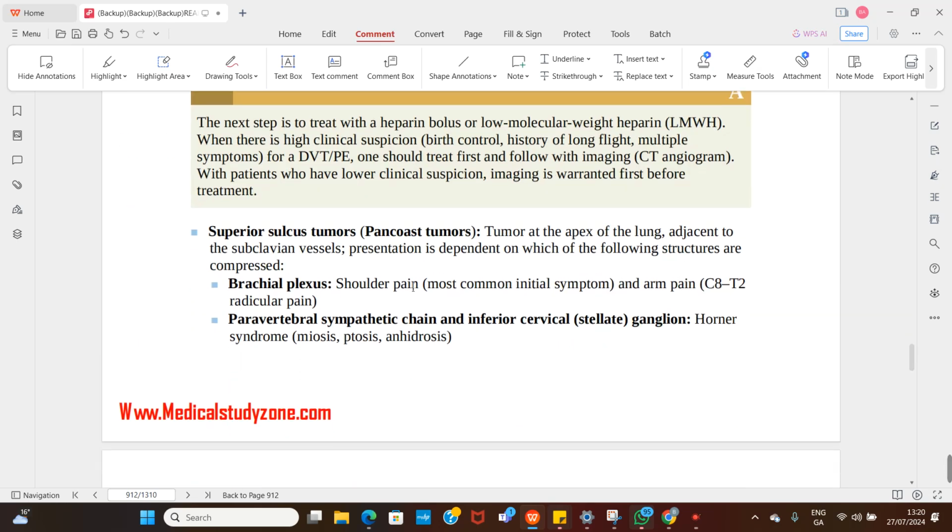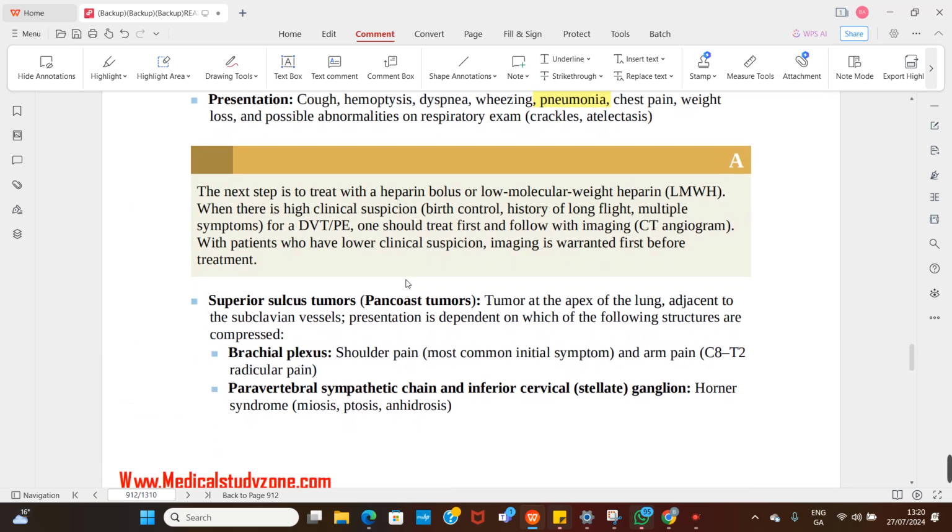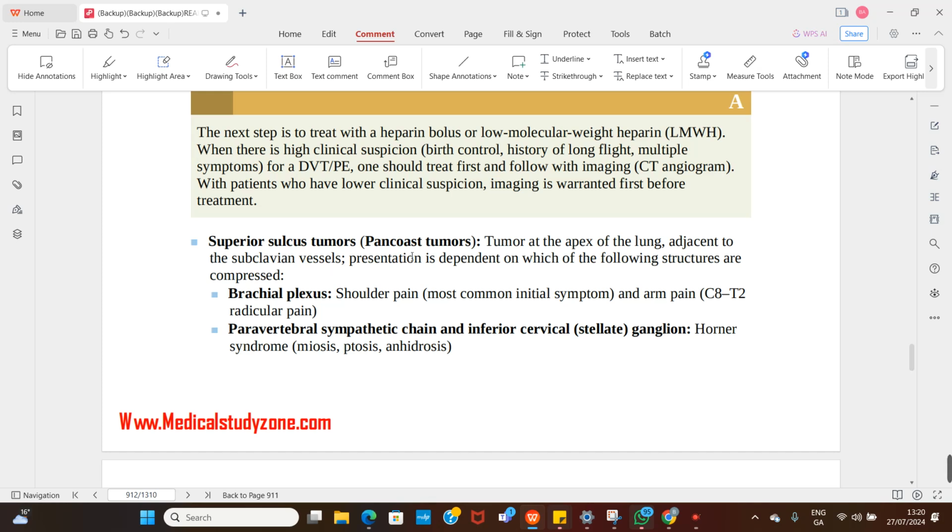So, what are the complications? Sometimes you can have tumors occurring at the apex of the lung, and that's what you call the superior sulcus tumor or your Pancoast tumor, apex of the lung, and they are going to be compressing on adjacent structures, the vessels and the nerves. So, what nerves are we talking about?